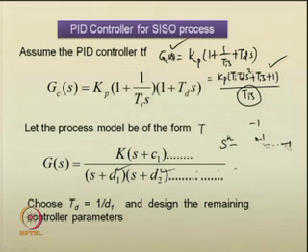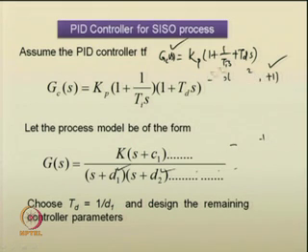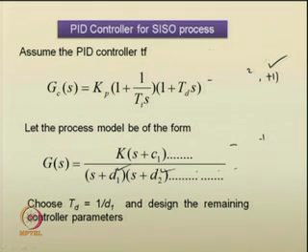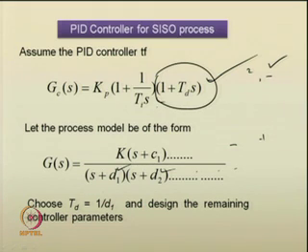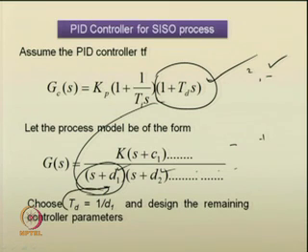To handle those situations, we can always have a series form of the PID controller, in which case one of the zeros of the PID controller is cancelled with one of the poles of the all pole transfer function. How to make the cancellation? We should choose the Td of the controller as 1 upon d1, and this d1 should be as small as possible.